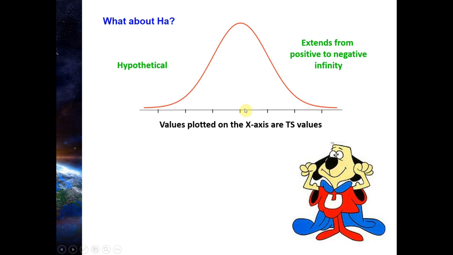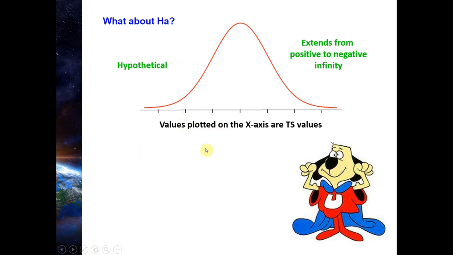In other words, any TS of any size could belong to HO, but it could also belong to HA, right? And our job using statistics is to try and figure out where our TS most likely belongs. Does it most likely belong to HO, or does it most likely belong to HA? Because both are possibilities, but they're not going to be equally probable. Right? You'll see that in a few minutes.